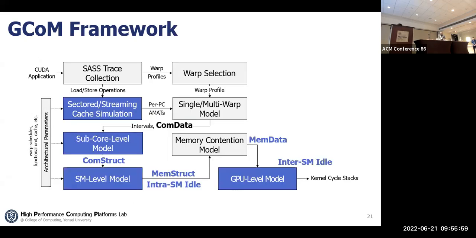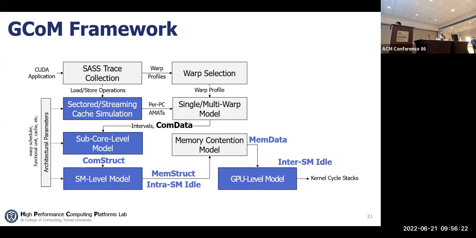And this is the end-to-end GCoM framework, which applies new analytical models upon MDM. GCoM uses a CUDA application and hardware parameters as the input. GCoM collects the SASS trace, selects the representative warp, and applies the single and multi-warp model like prior work.